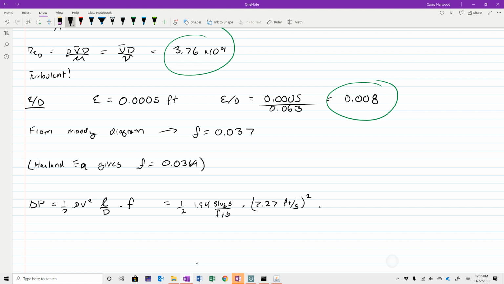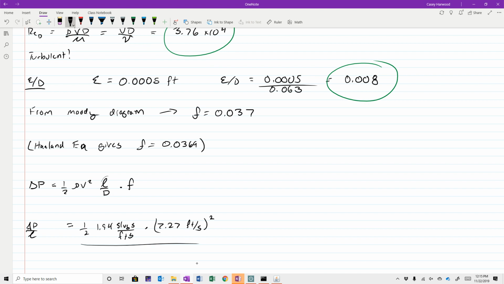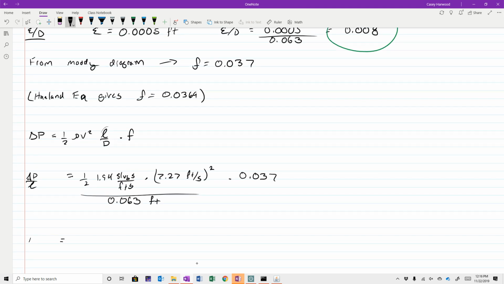We want delta P over L, so we're going to divide L over to the left-hand side. Times 0.063 feet times our 0.037, and we should get delta P over L equal to 30.4 pounds force per foot cubed, which is 0.211 psi per foot of length of pipe.